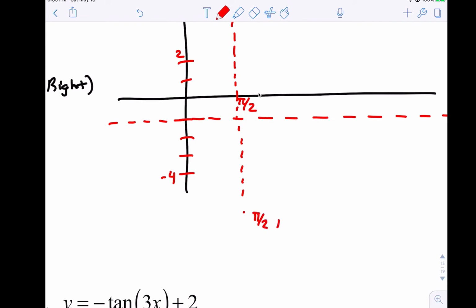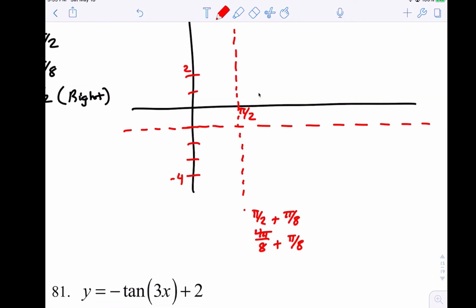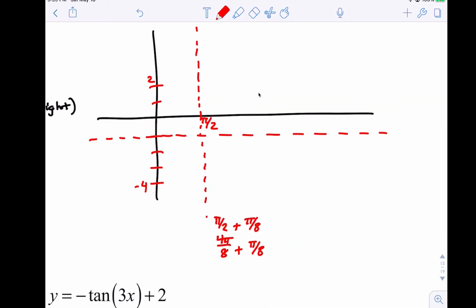So pi over 2 plus pi over 8 is 4 pi over 8 plus pi over 8. So we got 5 pi over 8. The next one is 6 pi over 8, which is 3 pi over 4. 7 pi over 8. And then 8 pi over 8, which is pi.